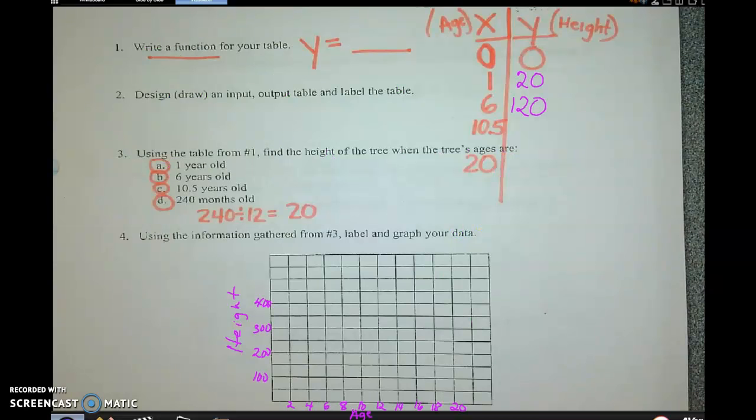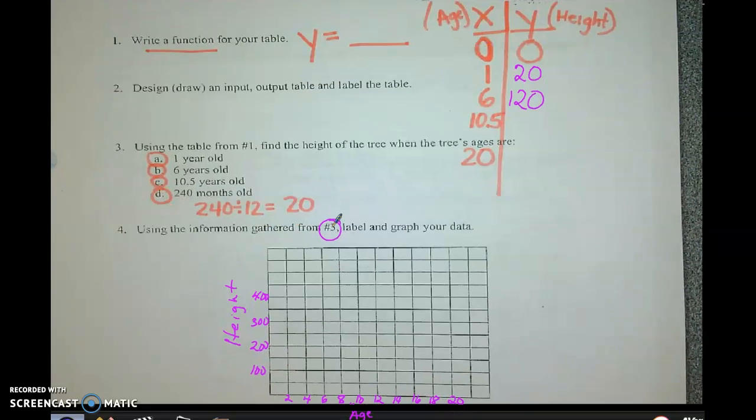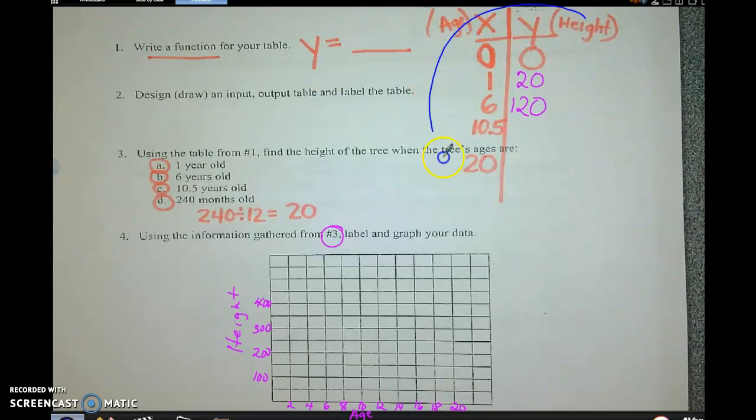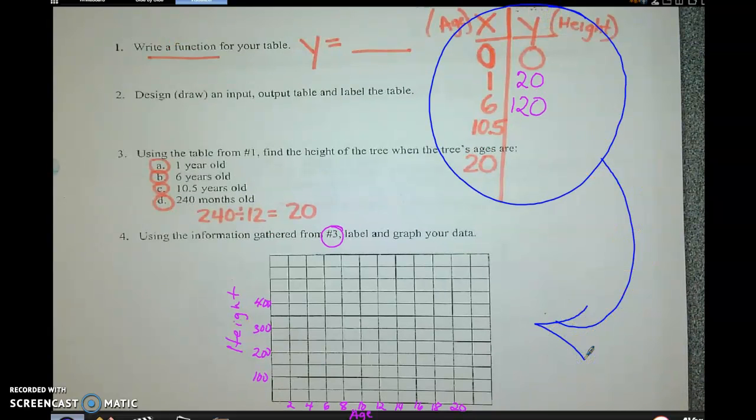All right, so now looking at number 4, using the information gathered from number 3. So if you've already finished up your table, number 2 and number 3, you're actually coming up with the same information. Now label and graph your data. So we're going to take our information that we have up here in this table and bring it down and put it in the graph.